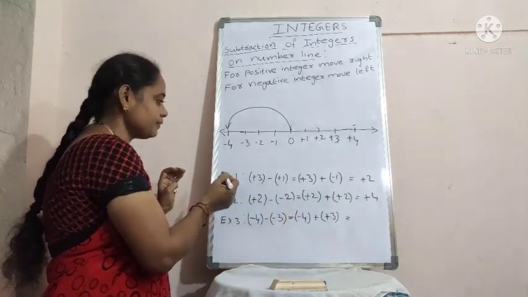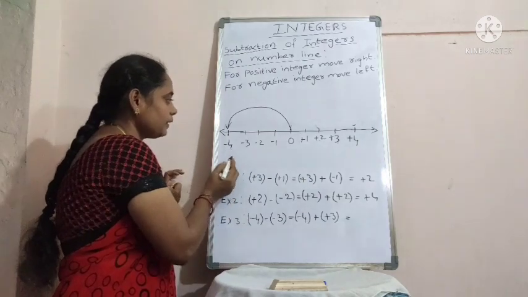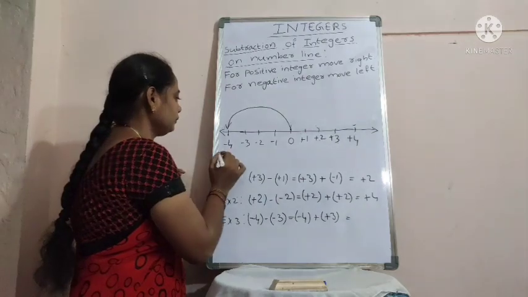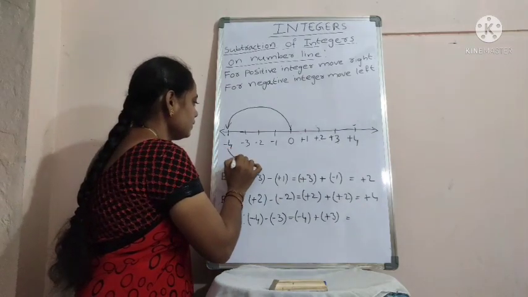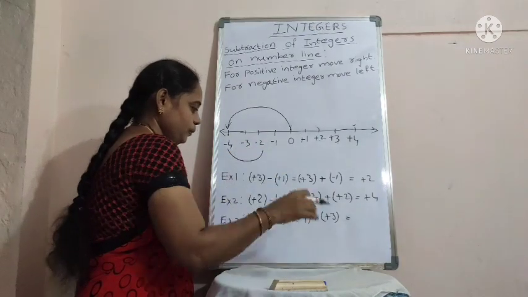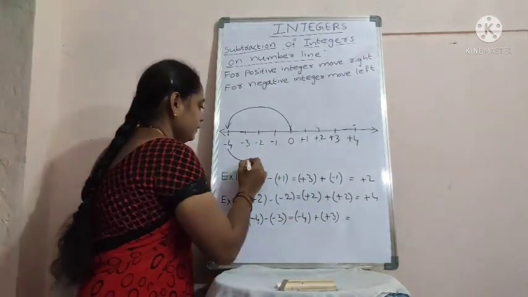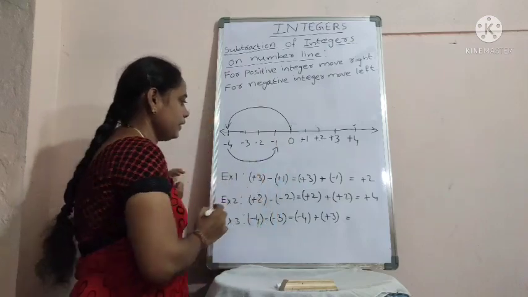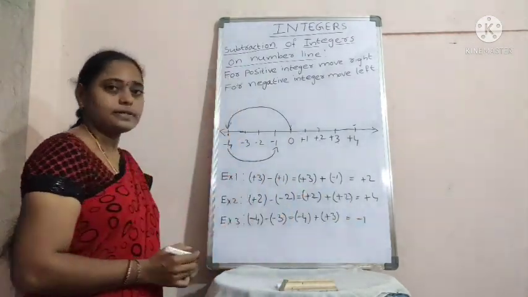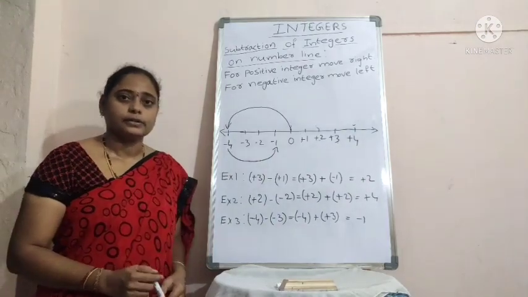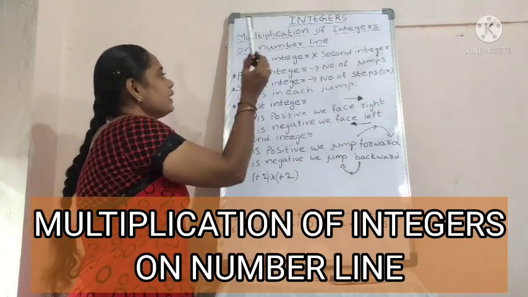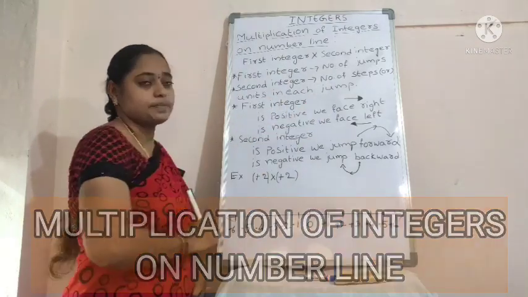So from minus 4 we move 3 steps to the right of minus 4. 1, 2, 3. So we reach minus 1. So what is the result? Minus 1. Understood?